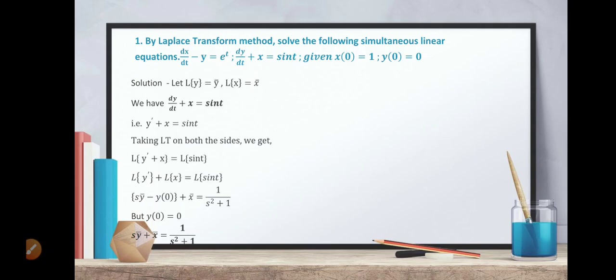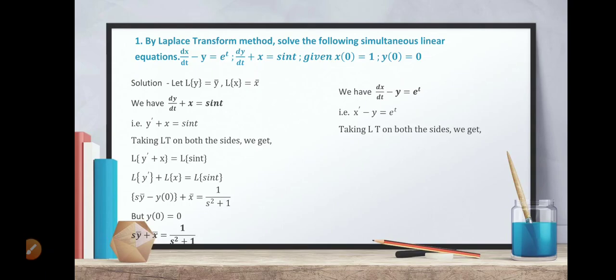Now as we know that to find two unknowns we should have at least two equations, two simultaneous linear equations in these two unknowns. Now our aim is to find another equation in these two unknowns, and for this you have to consider the remaining differential equation. So considering the remaining differential equation which is involving x dash, we get the second equation in x bar and y bar.